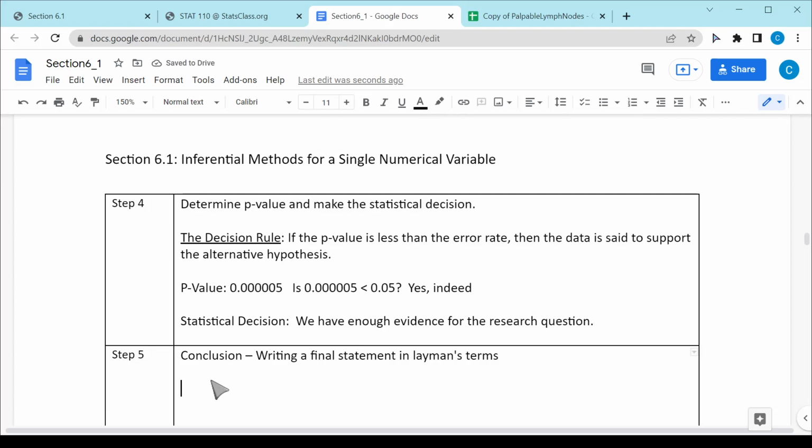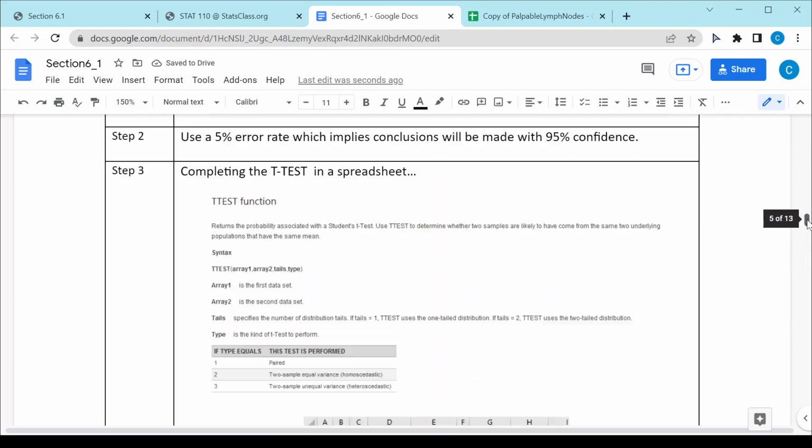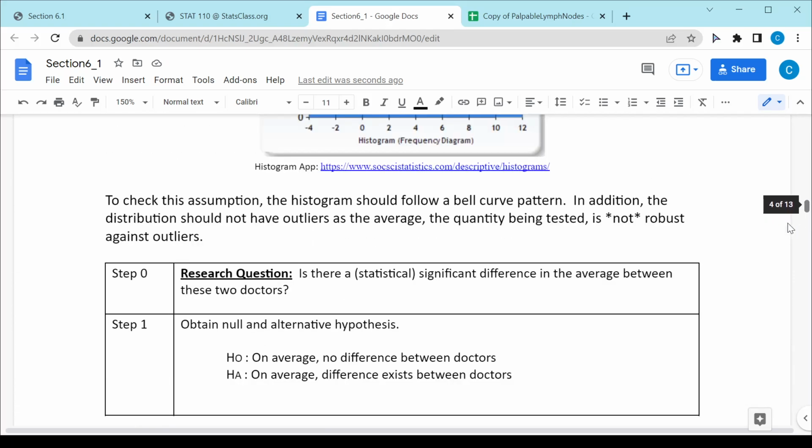Let's go ahead and write a final conclusion then. It's been a little bit since we've done that. We have enough statistical evidence to say, okay, let's go back and get the research question. And the research question is asking about a significant difference between the two doctors.